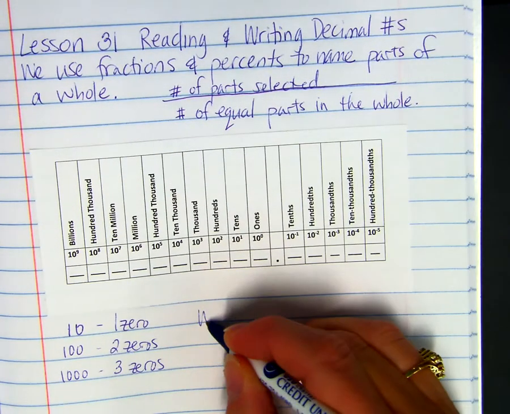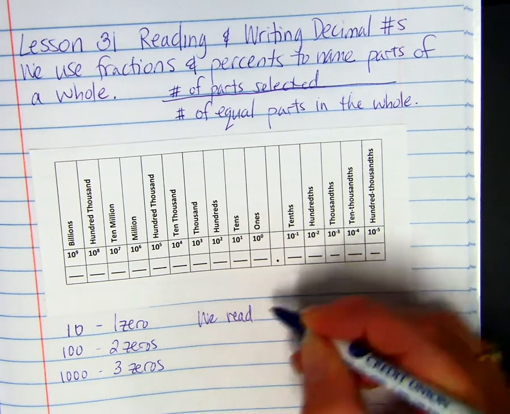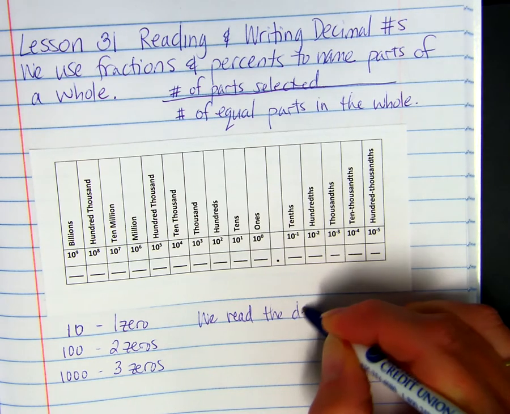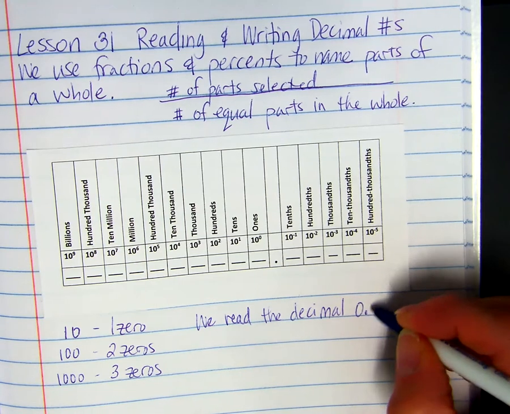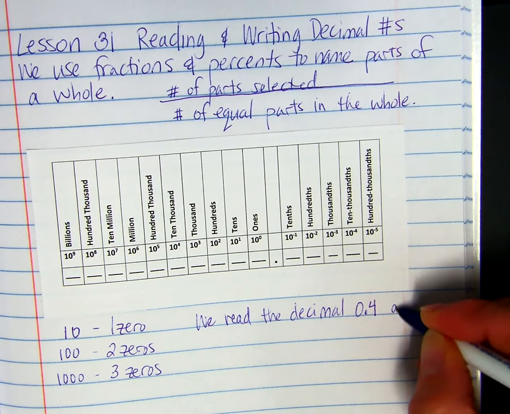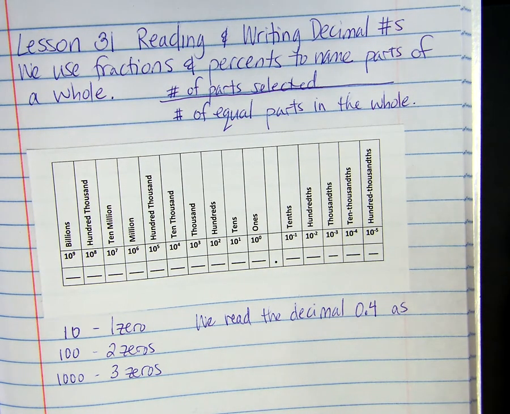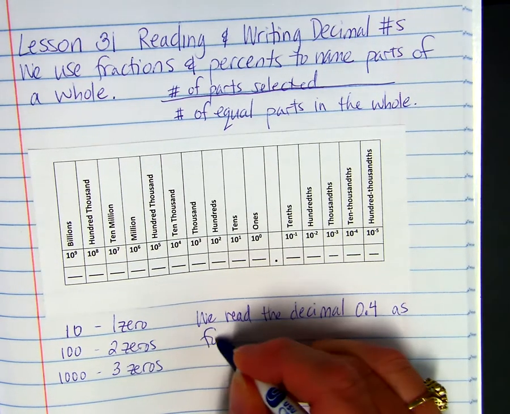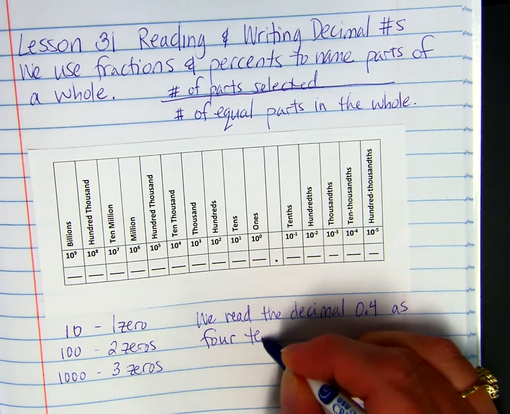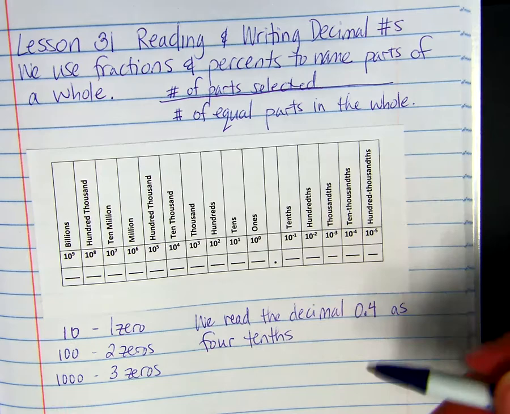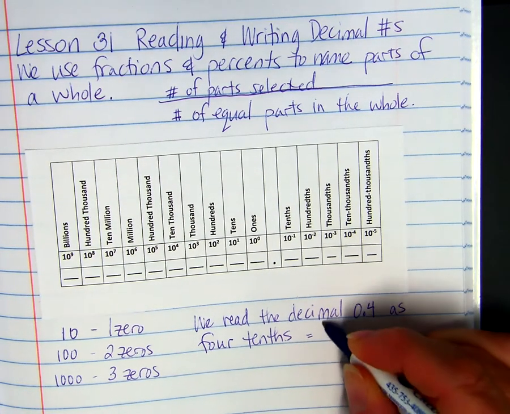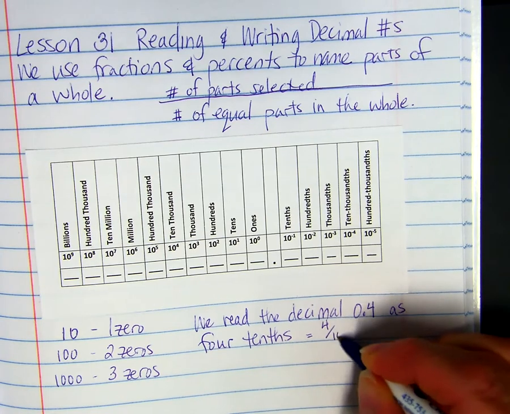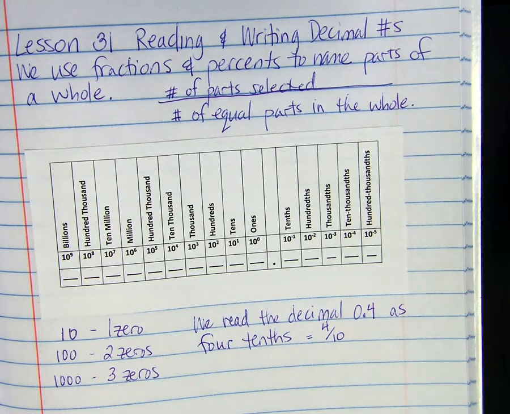So we read the decimal as 4/10. And we write as a fraction, if we want to write it as a fraction, 4/10, which we reduce to 2/5.